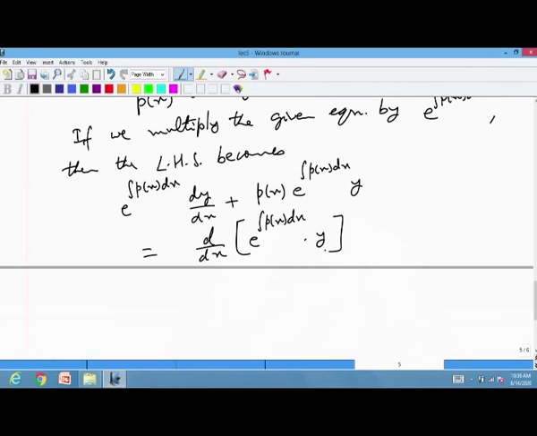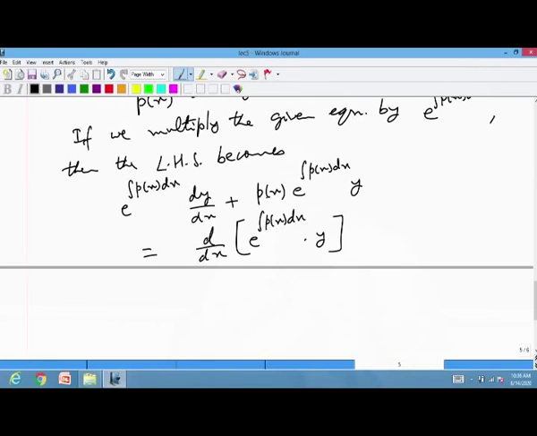because by product rule if you differentiate this product you will get the exponential of integral p x dx times dy dx plus y times the derivative of e to the integral p x dx, which will give you e to the integral p x dx times the derivative of the exponent, which is simply p x.